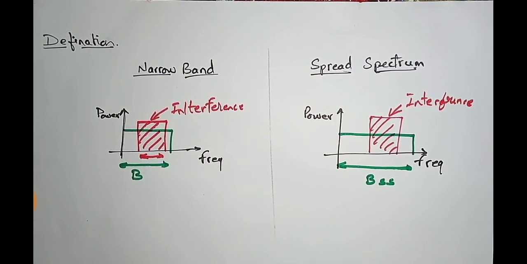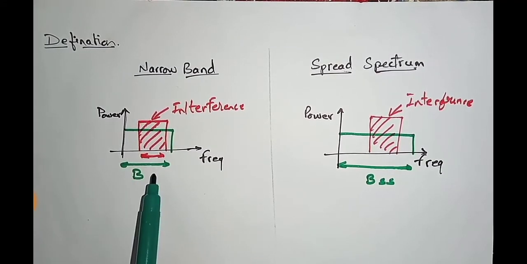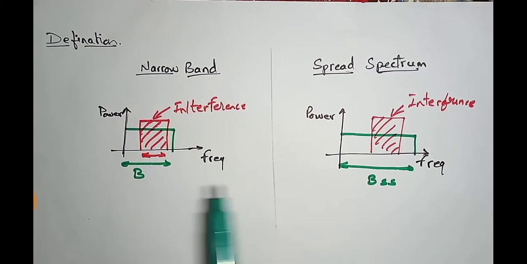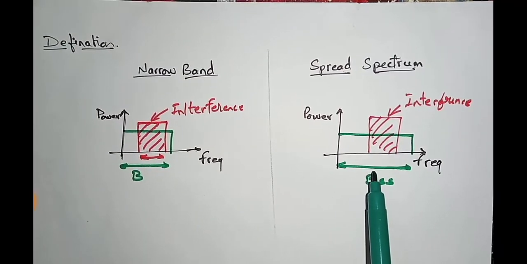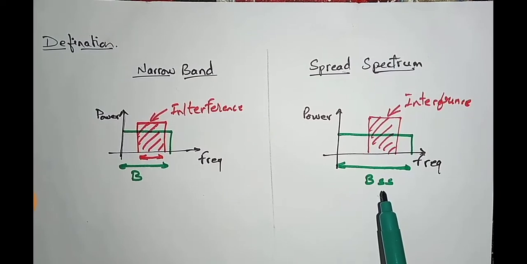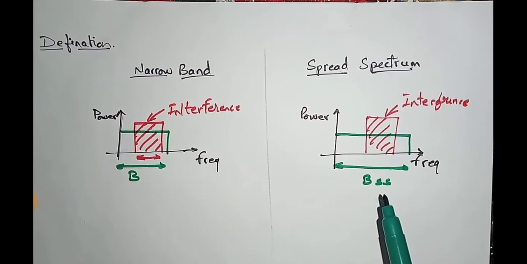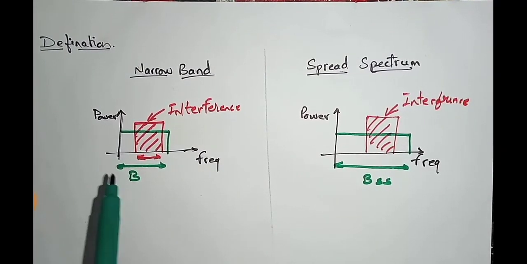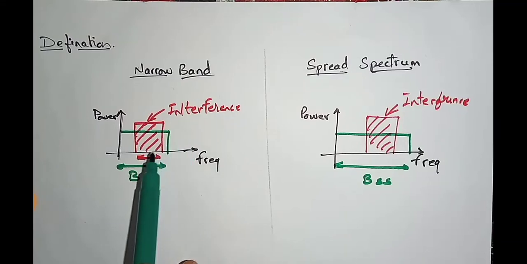Let us say that narrowband has a bandwidth B, whereas spread spectrum has a bandwidth BSS, which is quite larger than narrowband. Now, let us consider some interference produced in both.